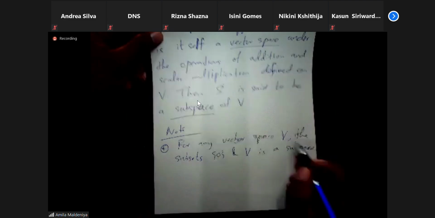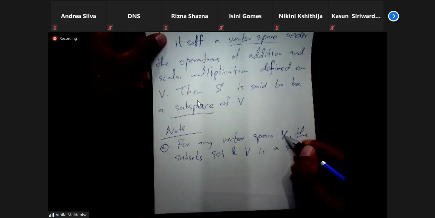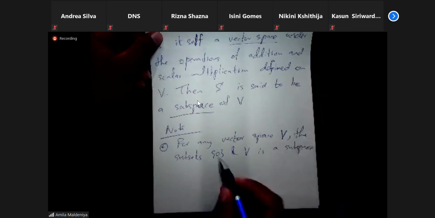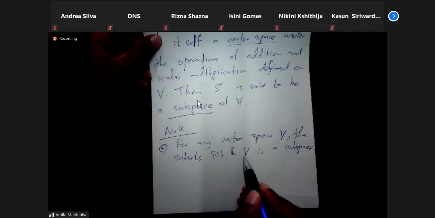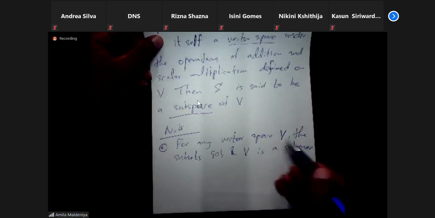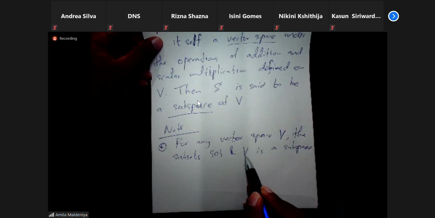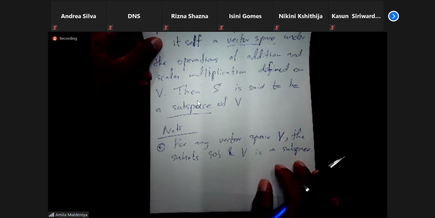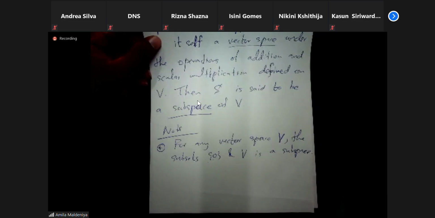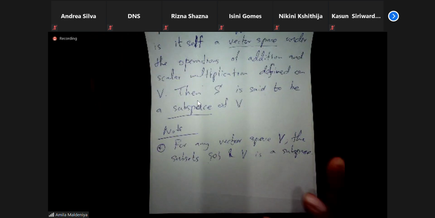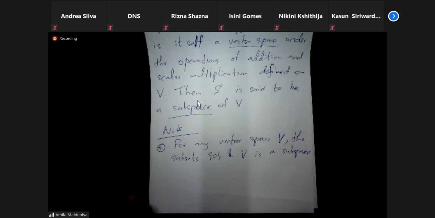It doesn't matter what kind of elements are in the vector space, whatever the vector space, the 0 element has just one element, and the whole set is also technically a vector space. So the 0 element and the whole set V automatically form subspaces. It doesn't matter whether it is R2, R3, Rn, or any given operation. If you have any given vector space, you can definitely find two subspaces: one is the 0 element, one is the whole set. So it's an obvious statement.